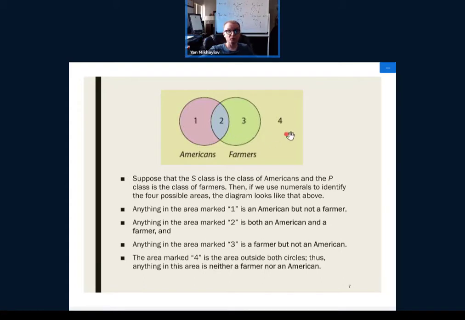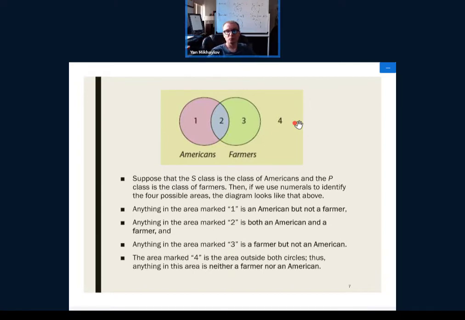How about 4? What would be 4? 4 is outside of both of the circles, so it will be what? Neither farmers nor Americans, so in other words, all the rest of the people in this world who are neither farmers nor Americans. For example, French construction worker or Russian truck driver.